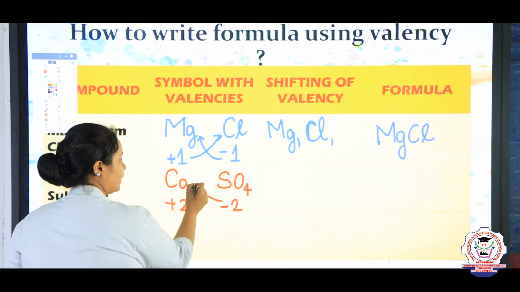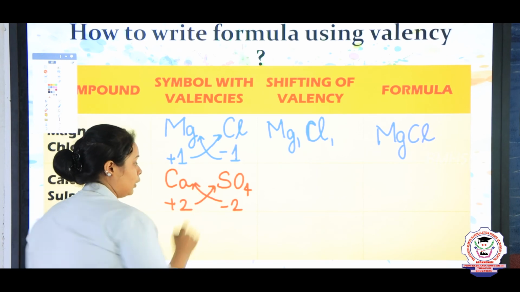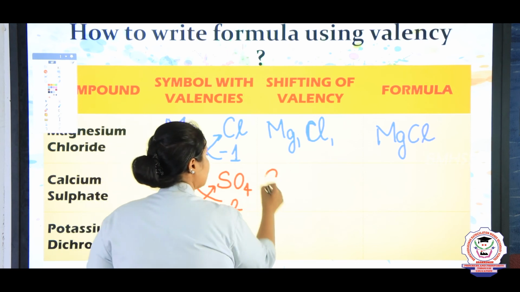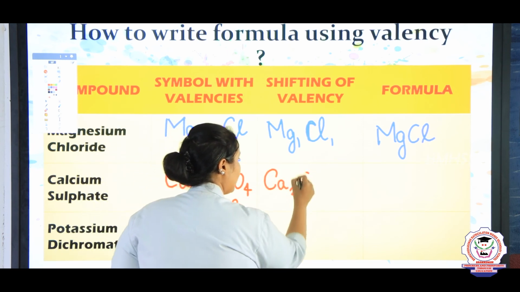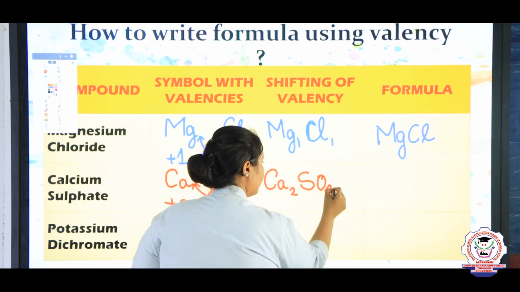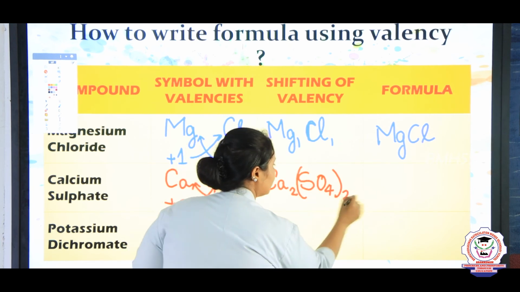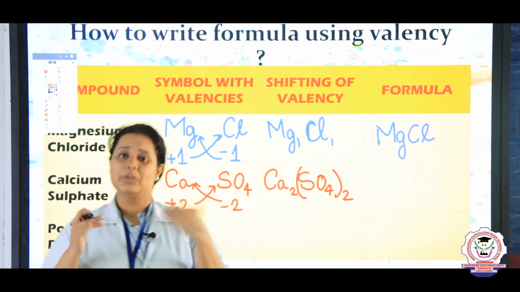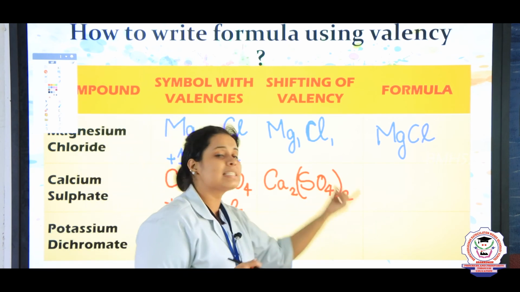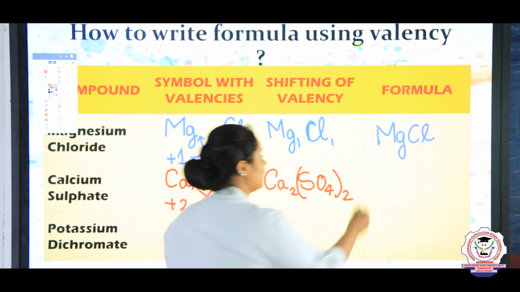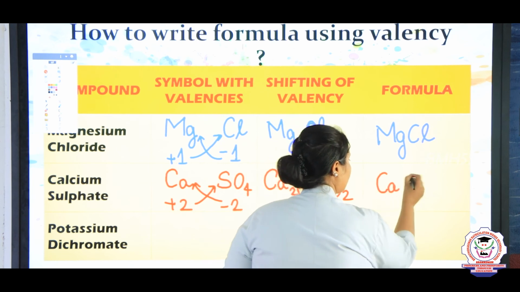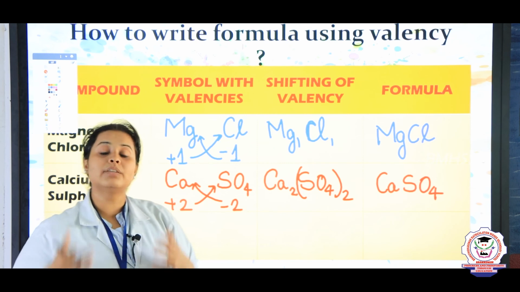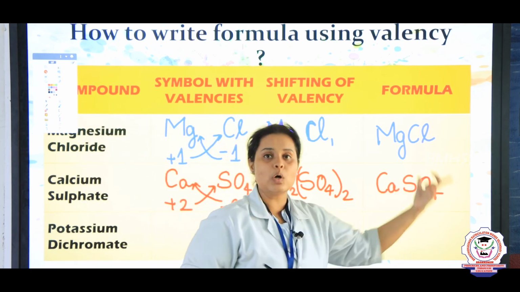Again, when you are interchanging, don't take the charges into consideration. You can write it as Ca2 (SO4) with a bracket and 2. So instead of writing 2 2, you can divide by 2, simplify it, and the answer will be CaSO4. So the formula of calcium sulfate is CaSO4.